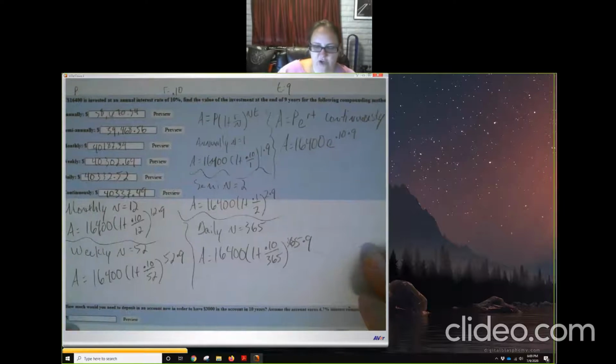Okay, so if you're good with these two formulas, then this problem is just calculator work.